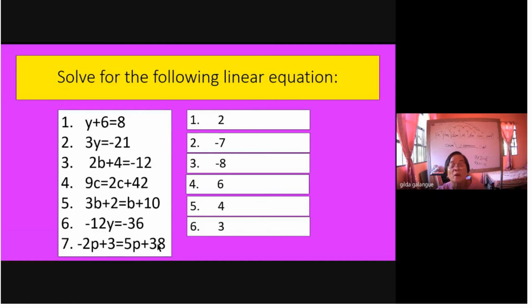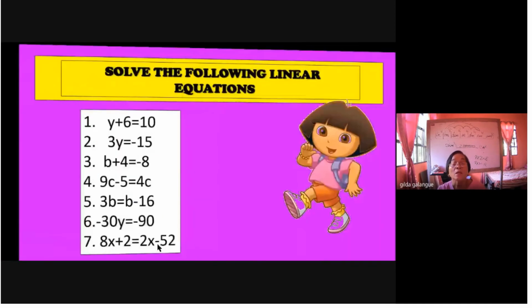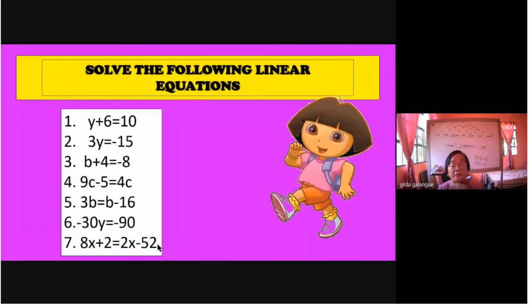Negative 7p, then we have positive 35. 35 divided by negative 7. What is the answer? 35 divided by negative 7 is, is it negative 5? All right.